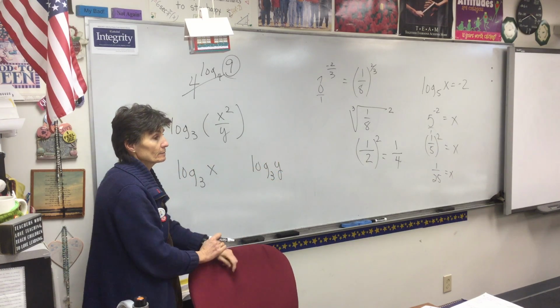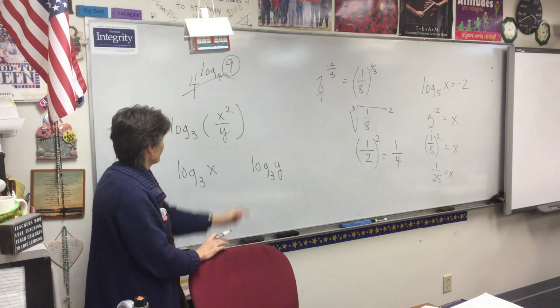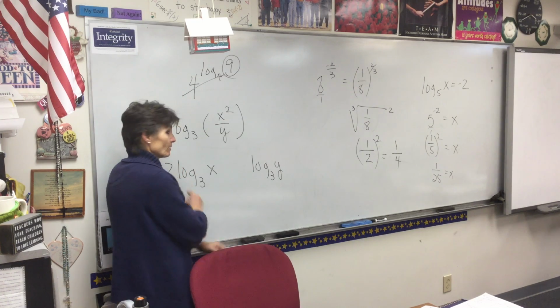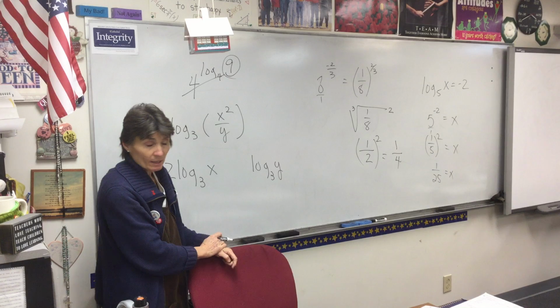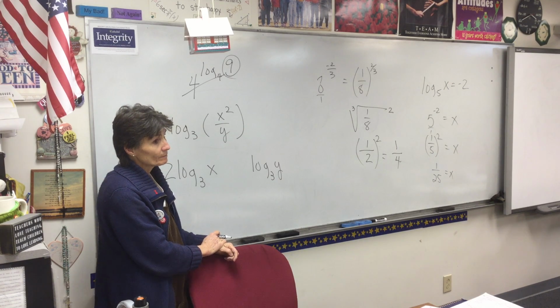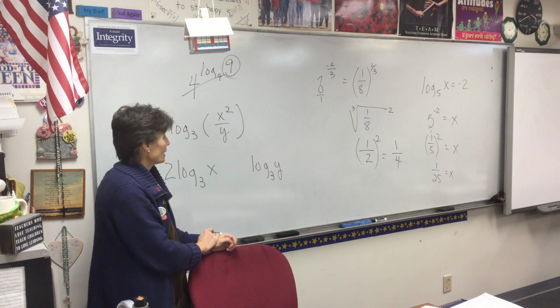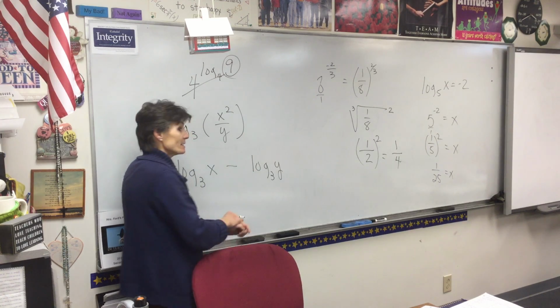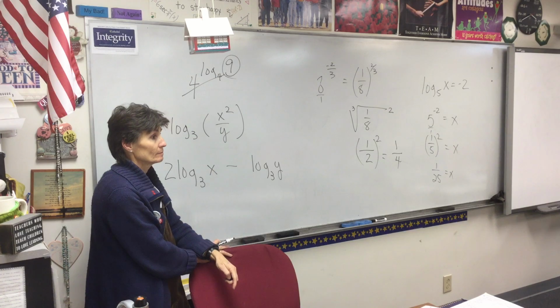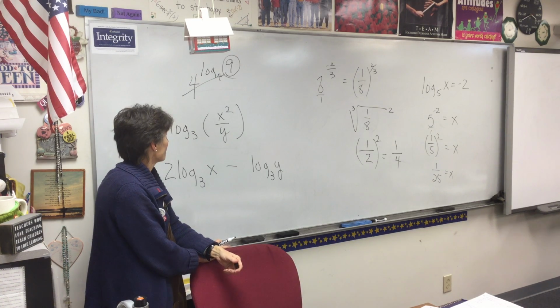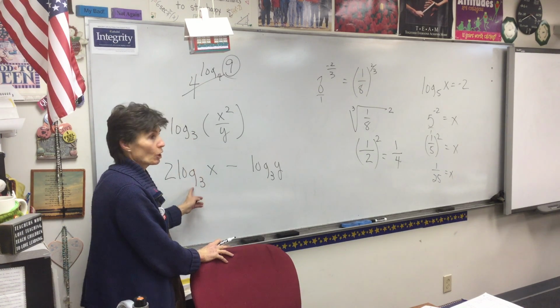Pulling it apart, you're going to put the 2 in front of the x. The 2's got to come out here, right? Remember we talked about that just a few minutes ago. An exponent becomes a coefficient. Minus, and then that's going to be a minus because that is a division. And then, wait, do you multiply it all by the log of 3? No, that's the base of the logarithm.